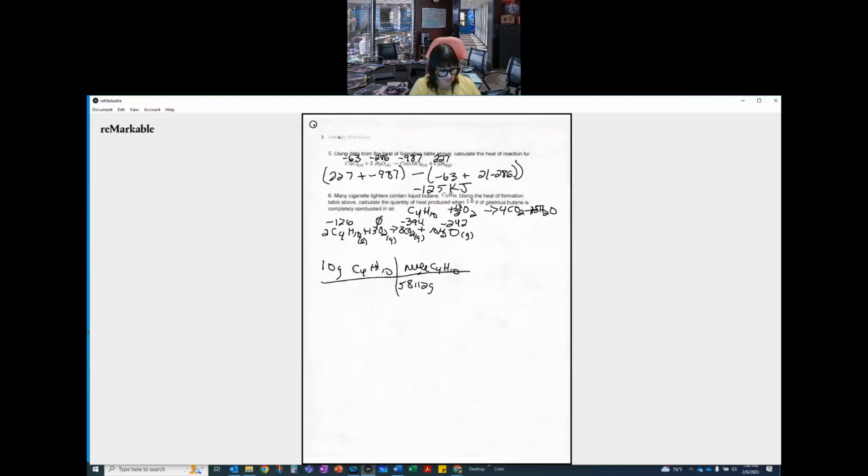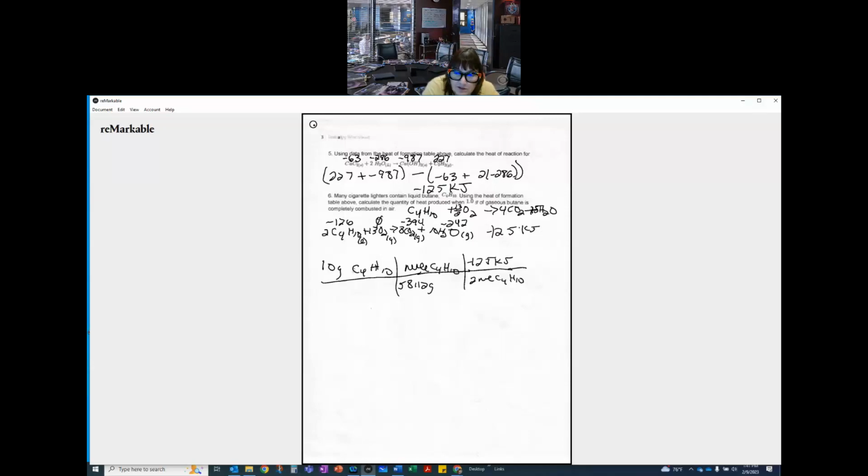And I calculate that to be negative 125 kilojoules. And that's for 2 moles of C4H10. This is kilojoules because it's dependent on the stoichiometry for each of those components.